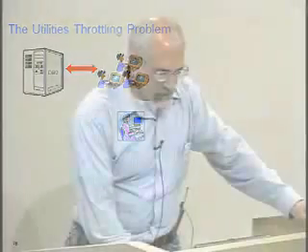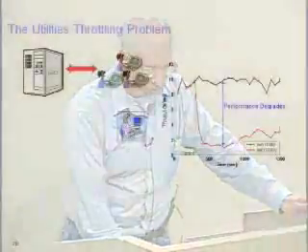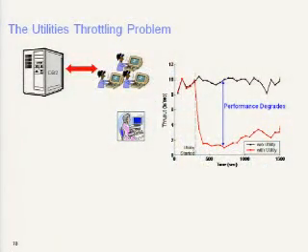Okay, so let me start with the utilities throttling problem. This is a fairly common kind of scenario, although I'm going to couch it in terms of a database management problem. But basically the issue is you're doing something for production, in this case running a database engine, handling queries, and you've got some other background work that has to happen.